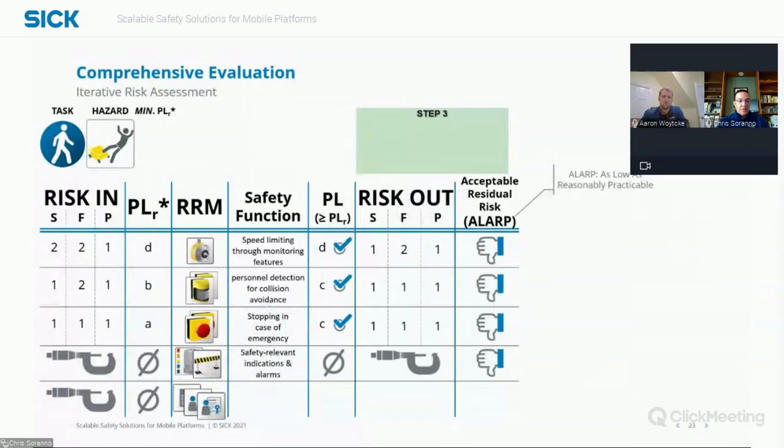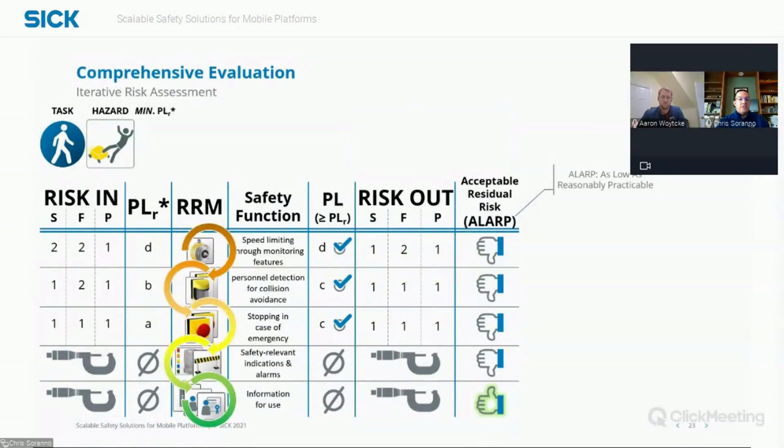We look at the administrative elements, the training, the safe work procedures, the documentation, the information for use, and determine, has this reduced the risk as low as reasonably practicable? And what we see here is that iteratively, as we continue to apply different measures, each with its own safety function, we can evaluate what the required performance is based on the risk at that moment in the process.